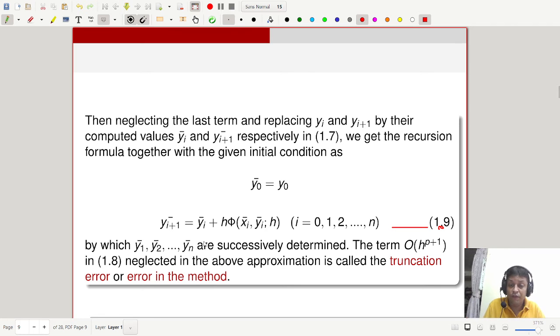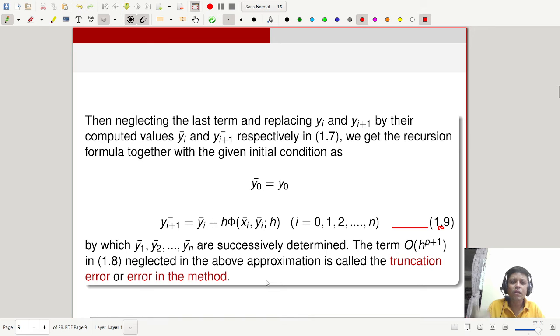This is the computed value, and previously it was the exact values. yi+1 bar equals yi bar plus h phi(xi, yi bar, h), for i equal to 0, 1, 2, etc. Neglecting the last term, from this recursion formula you can successively determine the values y1 bar, y2 bar, etc.